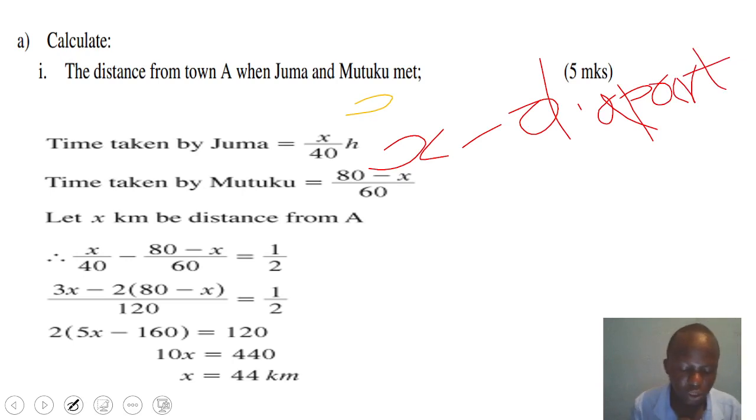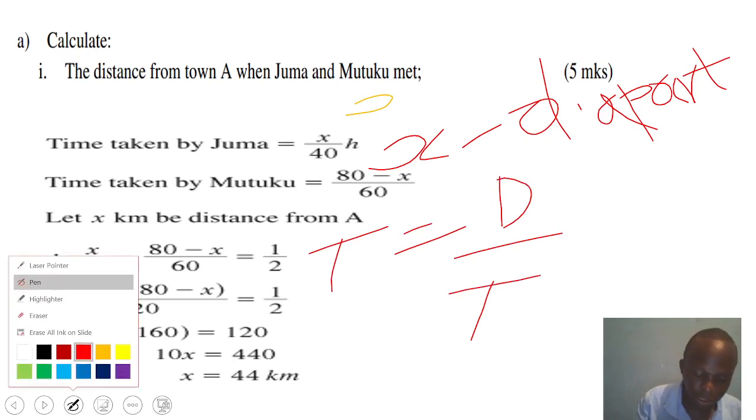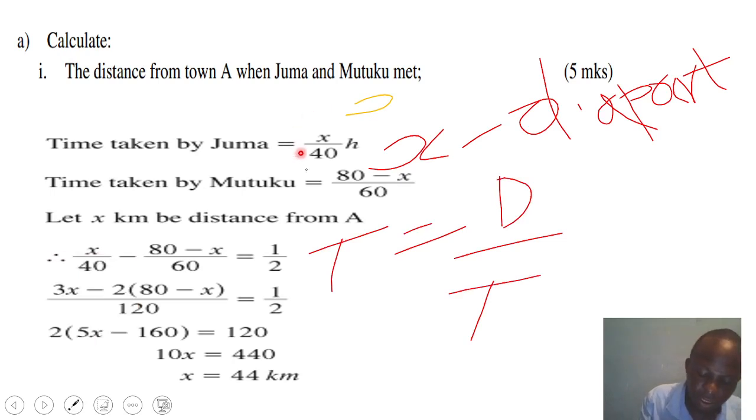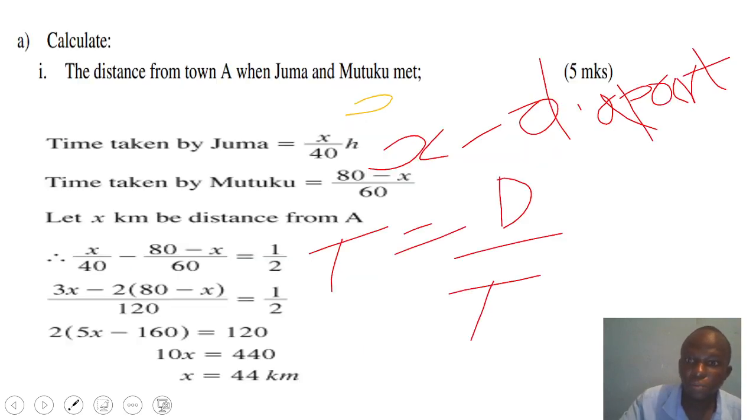So time is equal to distance over speed. The distance is x, and the speed of Juma is 40 kilometers per hour. So x divided by 40 kilometers per hour, x over 40, you get the time.